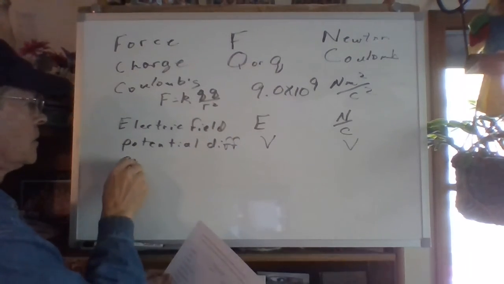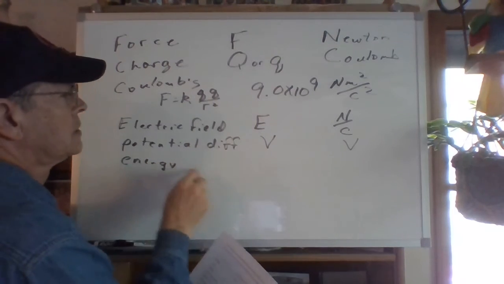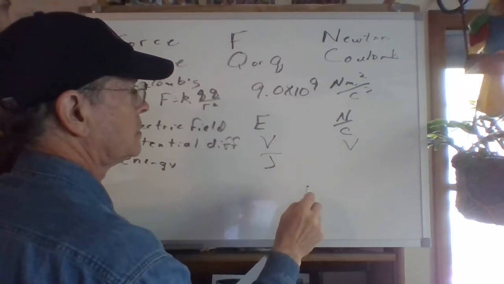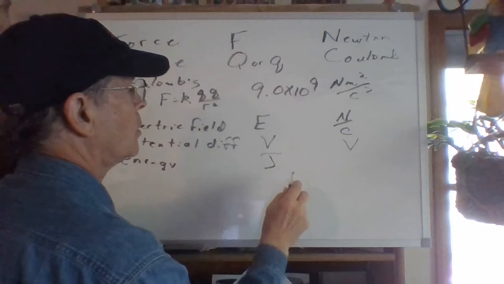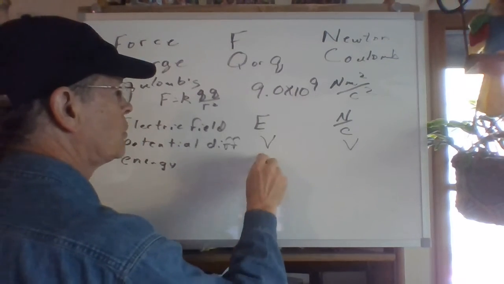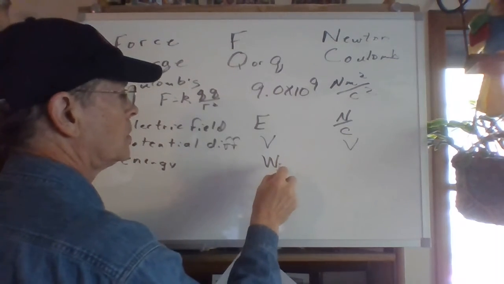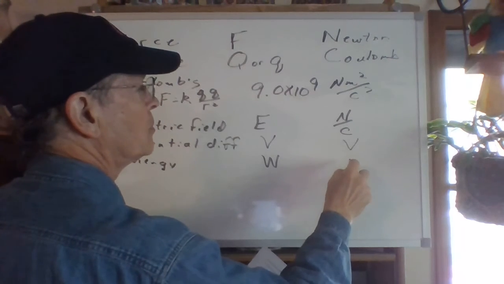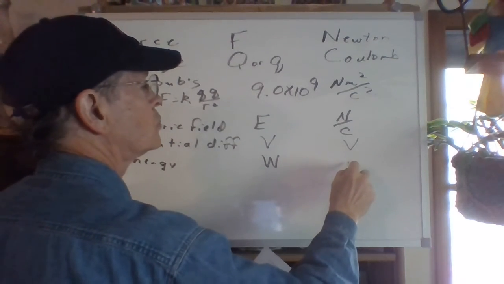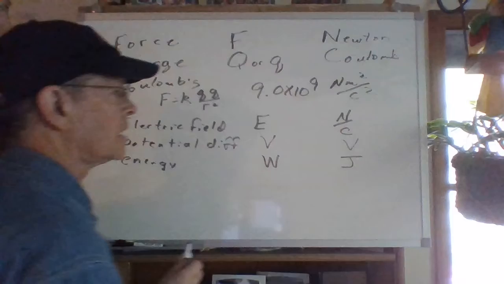Energy, work, we know what that is. That's the joule. The symbol first. The symbol would be W, for energy or work. But the unit label would be joule.